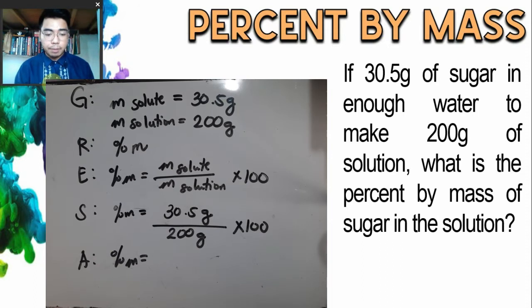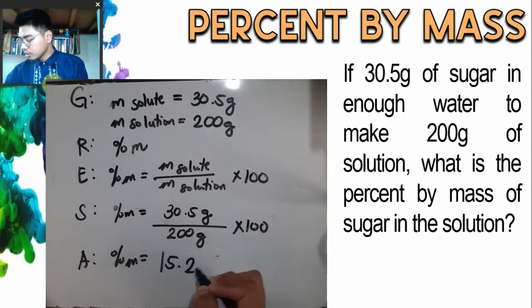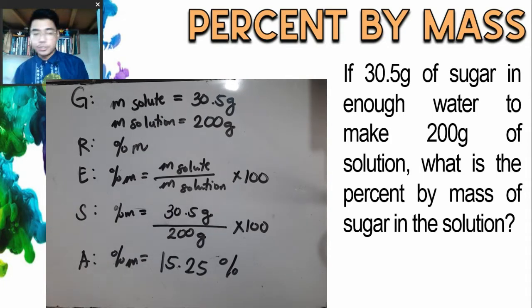For this particular problem, it is equivalent to 15.25%. Okay, so once again, whenever we are pertaining to the concept of percent by mass, it is the relationship between the mass of the solute and the mass of the solvent. Once again, from the term itself, percent by mass.